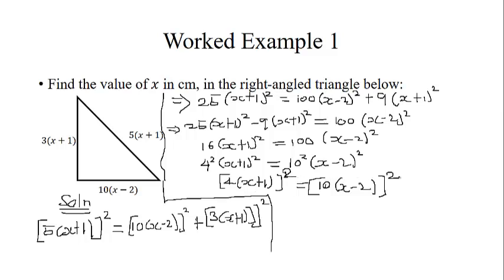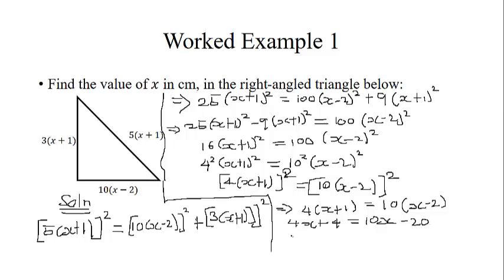So now we can see that the exponents are the same. Then we can equate the bases. So this implies that we have 4 into bracket x plus 1 is equal to 10 into bracket x minus 2. Now let's open the bracket to get 4x plus 4 over here is equal to 10x minus 20.